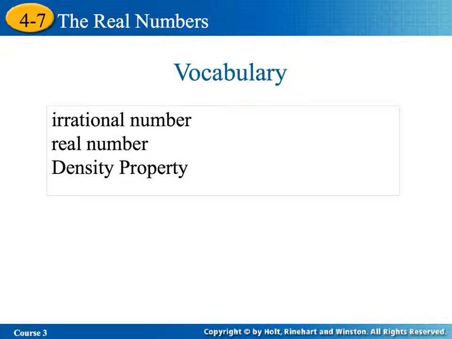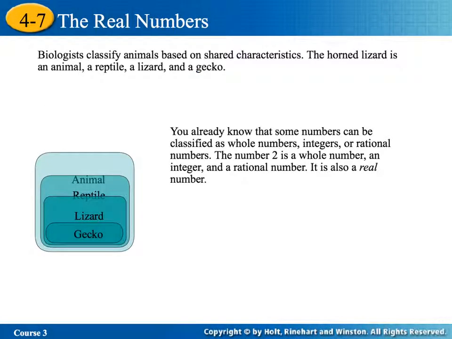A couple of vocab words today. The very first thing is, you remember from science, in science they have different classifications based on shared characteristics. For instance, here is the classification of a horned lizard.